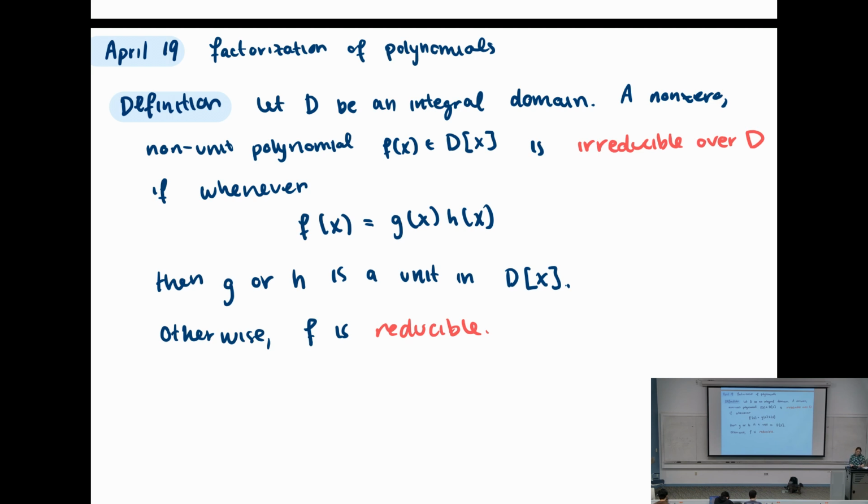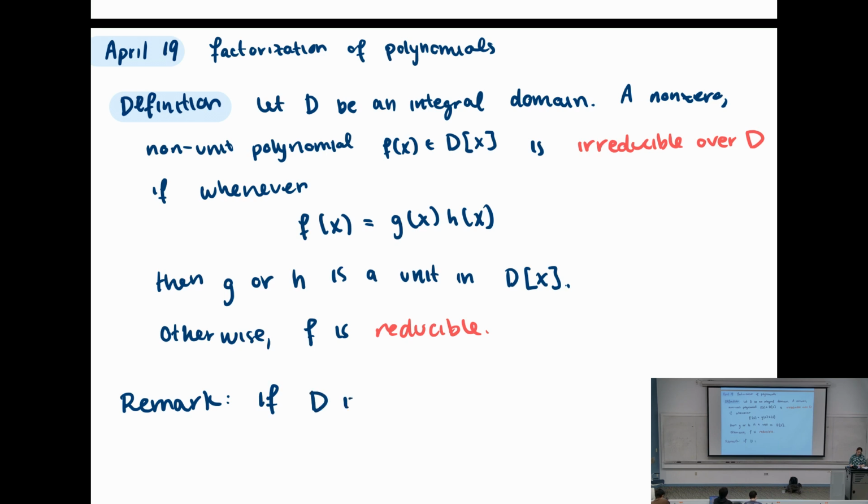So let me just remark that if D is a field, then this is equivalent to saying that we cannot write f as a product of two polynomials of lower degree.